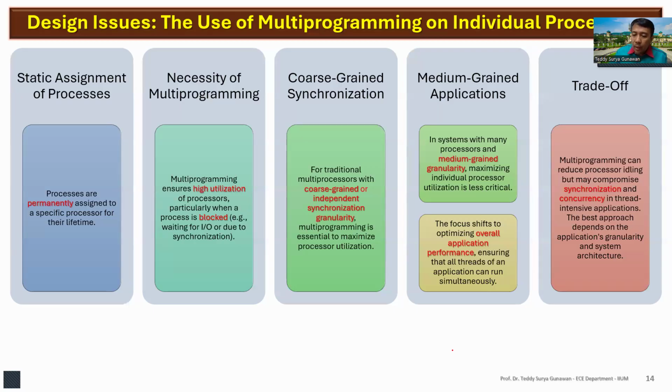The second issue is the use of multi-programming on individual processors, whether we want to allow it or not. Here we can have static assignment of processes. Processes are permanently assigned to a specific processor for their lifetime. What is the necessity of multi-programming?